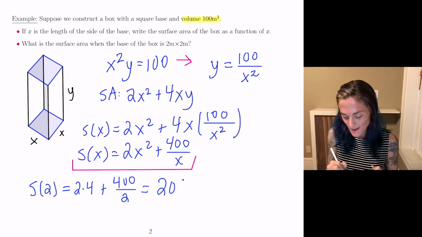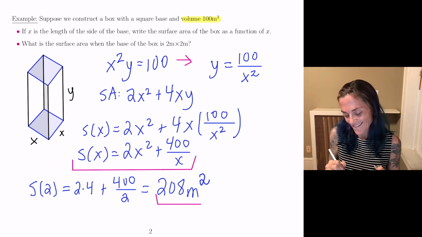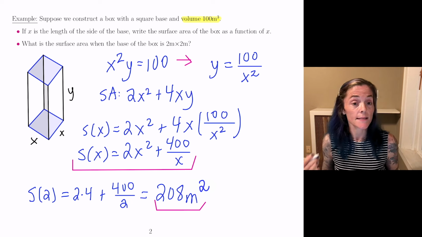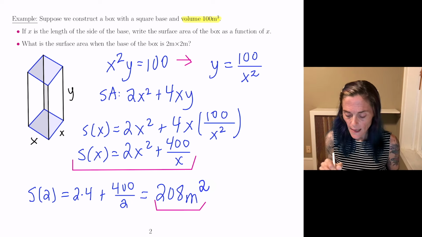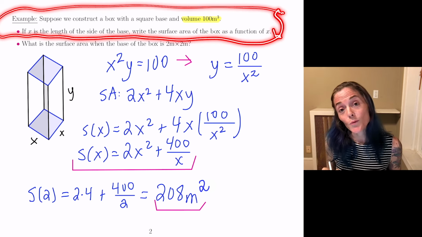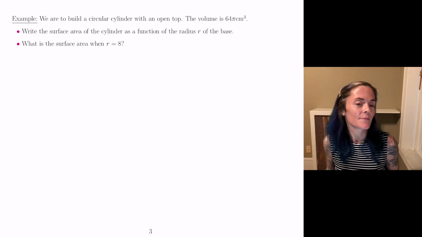We have 208 meters squared. So this is the answer to the second part. When I teach Calculus 1 for science and engineering, it's this part of the question, the part we've gone through, that students struggle with when they're learning optimization.